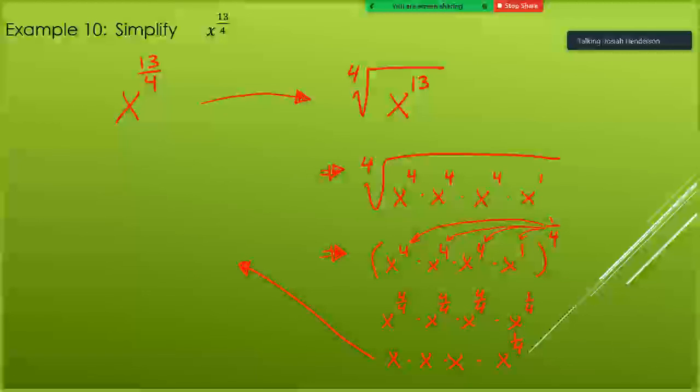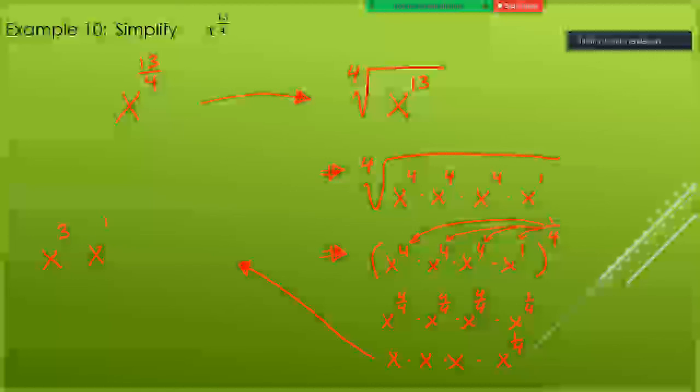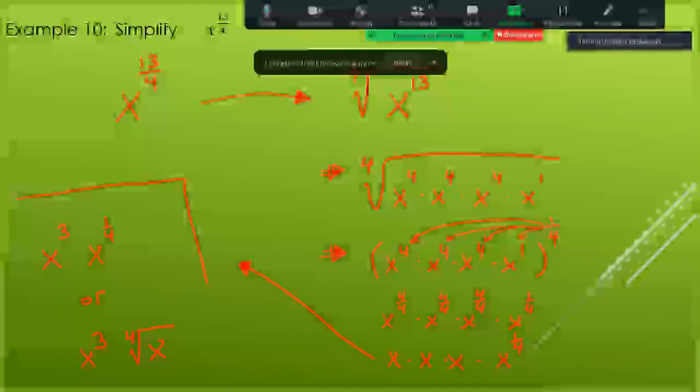So here's our answer going back this way. x times x times x, that's x to the third. And trapped, we've got the x to the 1/4. This could be our answer, or do it back in radical form: x to the third times the fourth root of x. Two ways to write our answer.